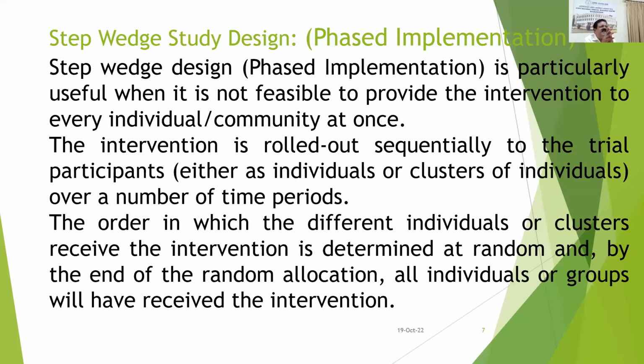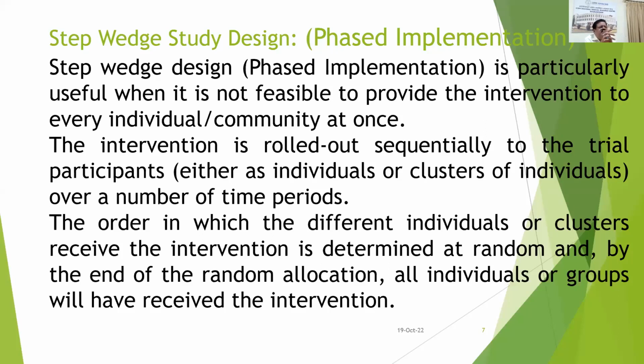To understand it in one sentence, that is called phased implementation. When the implementation is phase-wise, it is particularly useful when it is not feasible to provide the intervention to every individual or community at once. So the intervention is rolled out sequentially to the trial participants, either as individuals or clusters of individuals, over a number of time periods.